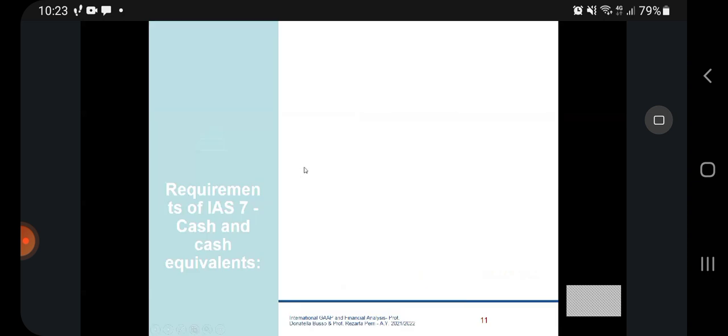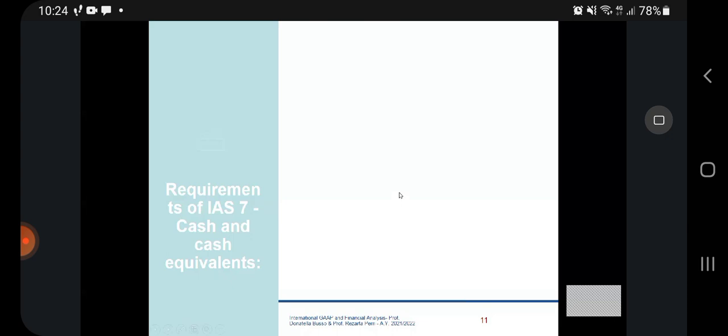Something also important about the IAS 7 is what we can include in cash and cash equivalents. We have three categories, of course: operating, investing, and financing. But whatever we don't include in each of them can be regarded as cash and also cash equivalent. Now, the term cash is very broad. It may include cash in hand and bank accounts, or also some deposits that are very liquid, have a very short term of maturity.